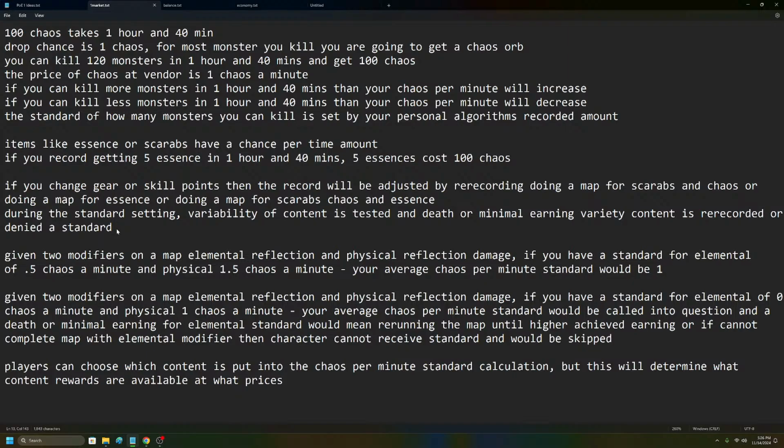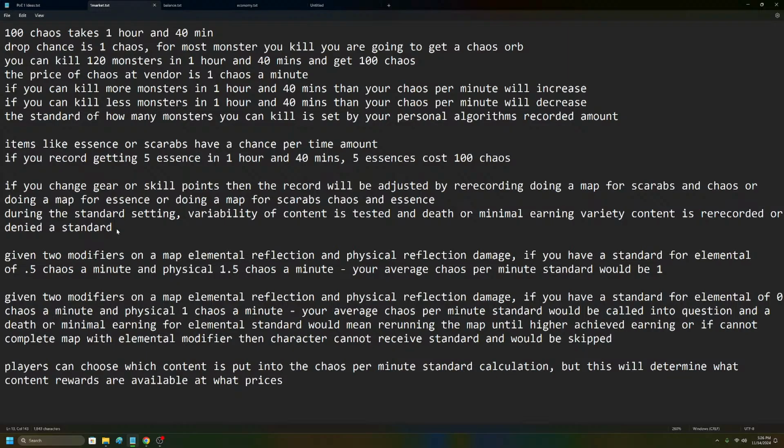That would mean that the items in the vendor, the resonators from Delve, would be of a price that is more expensive. Right?